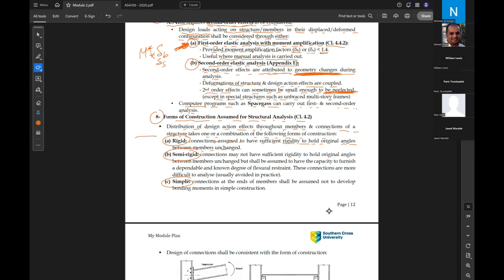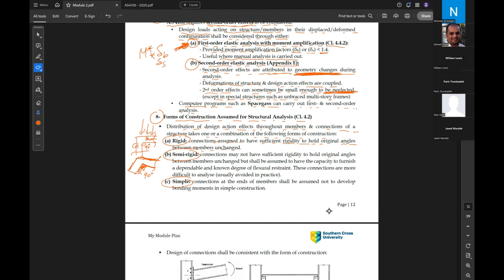For example, if we have a frame, this frame has 90 degrees between beam and column. After applying the load, this connection is still the same, even if it has some rotation, but the angle is still 90 degrees.